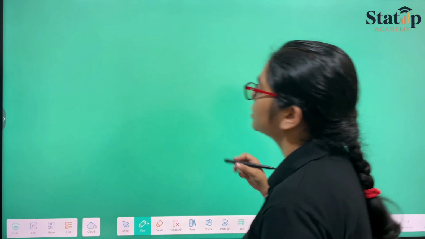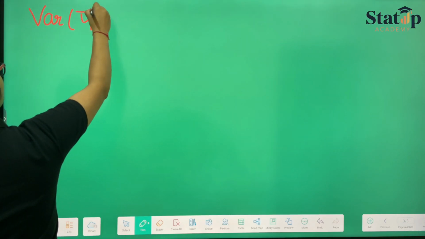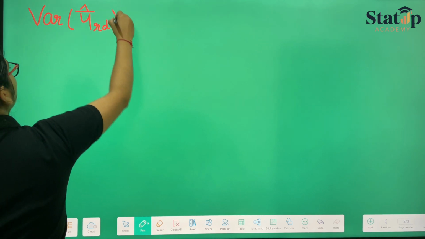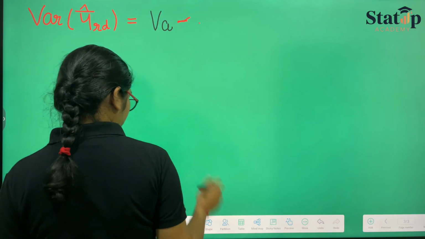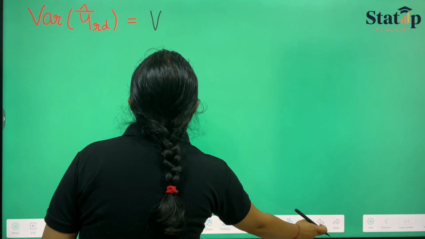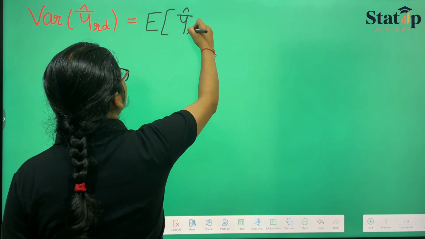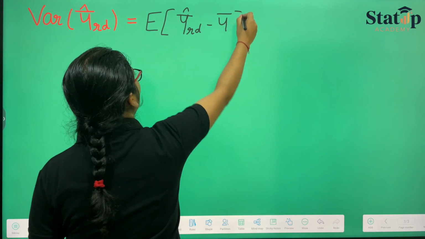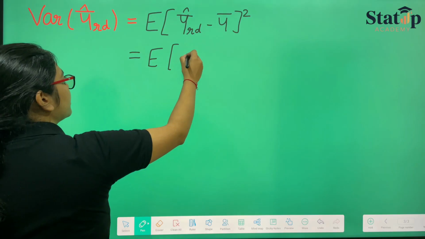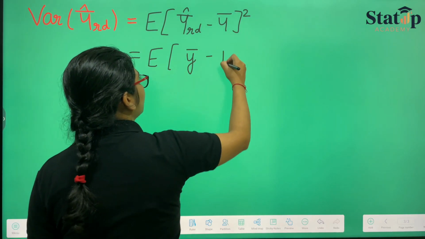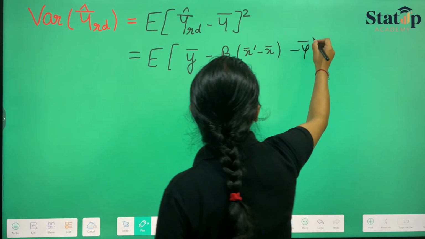The second one is variance. Variance of the regression estimator in double sampling. We can write it as the expectation of the regression estimator in double sampling minus the population mean, whole square. Here this can be written as y bar minus beta into x bar prime minus x bar, minus capital Y bar.